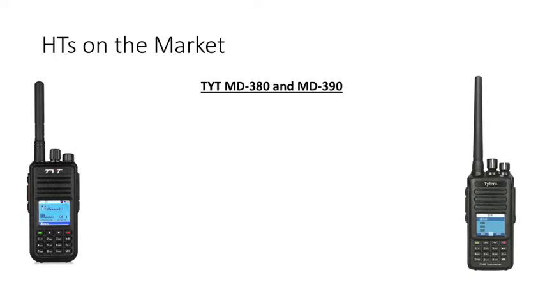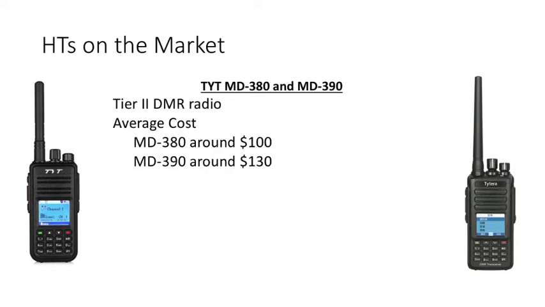It's a pretty powerful little radio, and it's very ham-friendly in my opinion. These are Tier 2 DMR radios, so they come straight from the factory, ready to use on a repeater. Average cost, the MD380 is going to run you right around $100. The MD390 is going to run you around $130, $140.